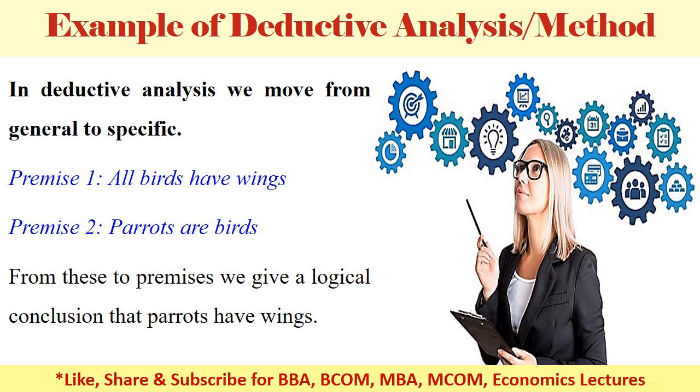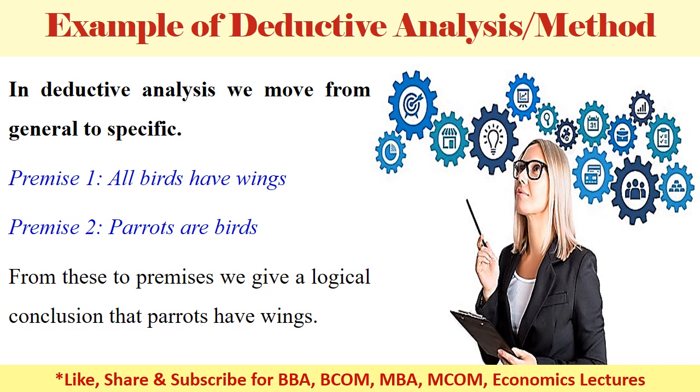So here we start with general premise that all the birds have wings. Then specific premise that parrots are birds is established. And from these two premises, we give a logical conclusion that the parrots have wings. So this is how we conduct deductive analysis.